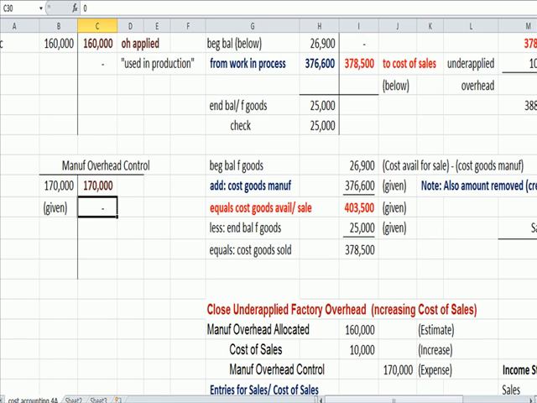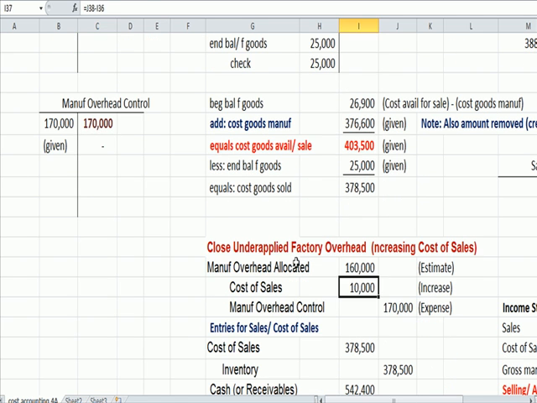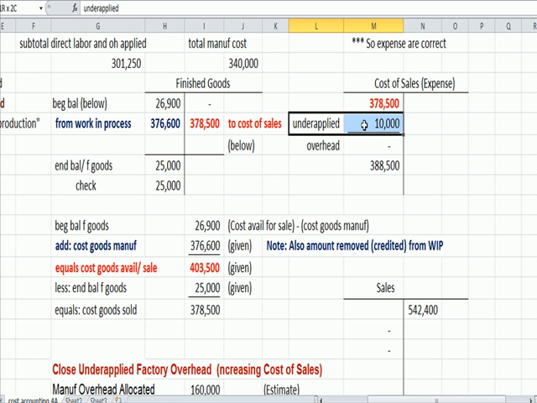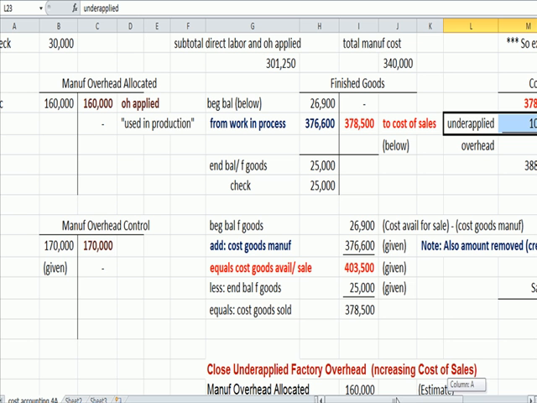And the difference between the overhead allocated and the overhead control entry is a difference of 10,000, and that's a debit that goes to cost of sales. So we increase the cost of sales for the underapplied overhead, and it's underapplied because the check that we wrote, 170, that debit is more than the amount that we applied, the credit.